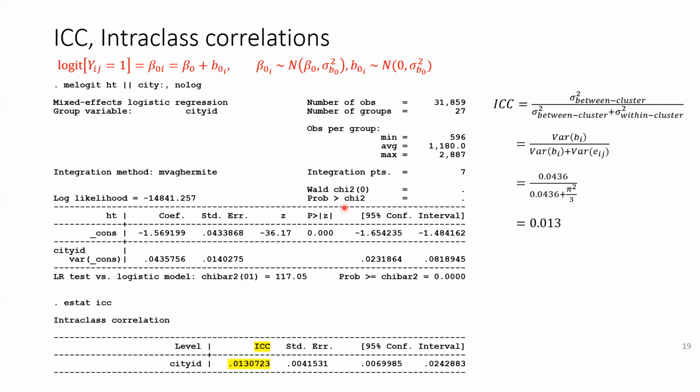It's a similar formula, but I wouldn't use one or the other; I like using both of them, the ICC and the median odds ratio, because I think the median odds ratio gives us a very interesting interpretation in the logistic context as well.